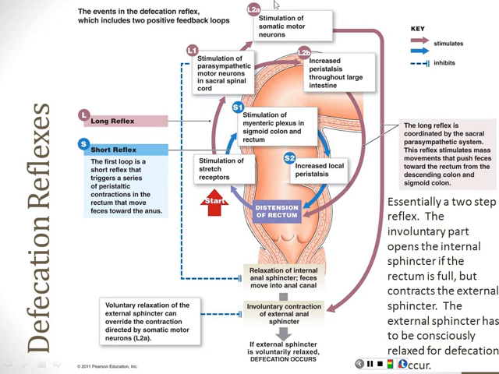There is no long loop. So when the baby's rectum fills from a mass movement, the stretch receptors cause that increase in peristalsis, and that feces is ejected immediately because there is no long reflex to control the external sphincter yet. That's a learned behavior.